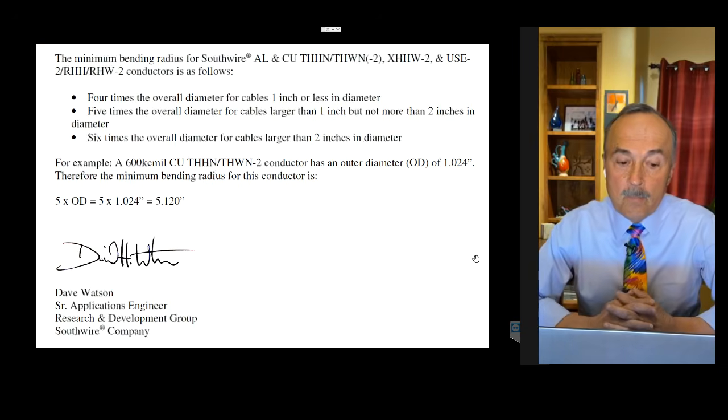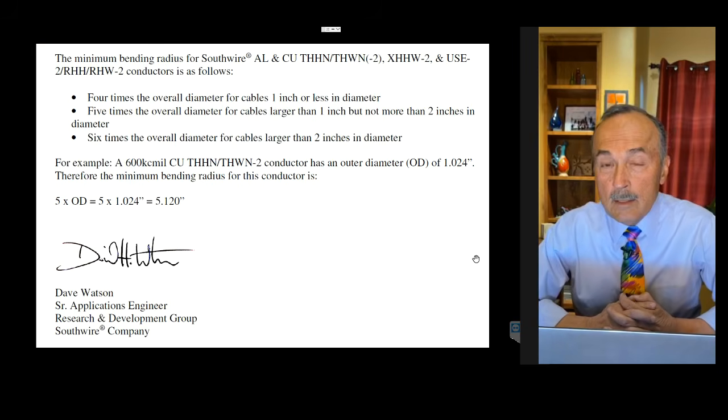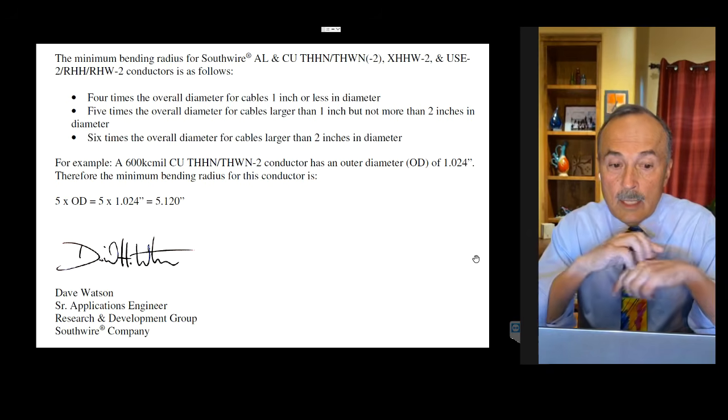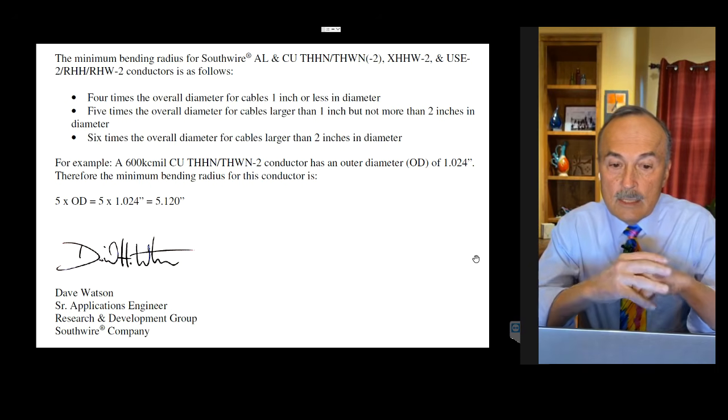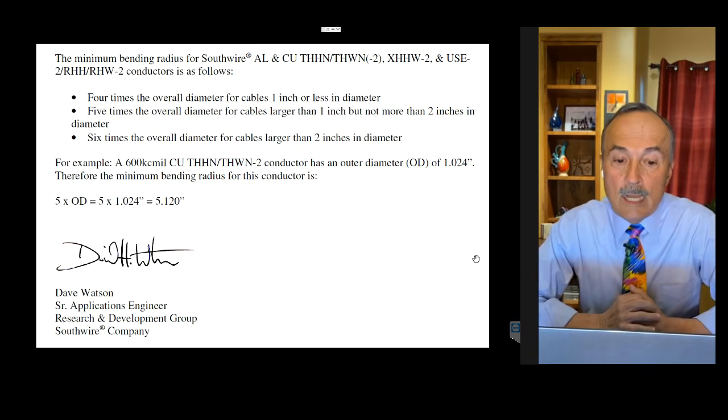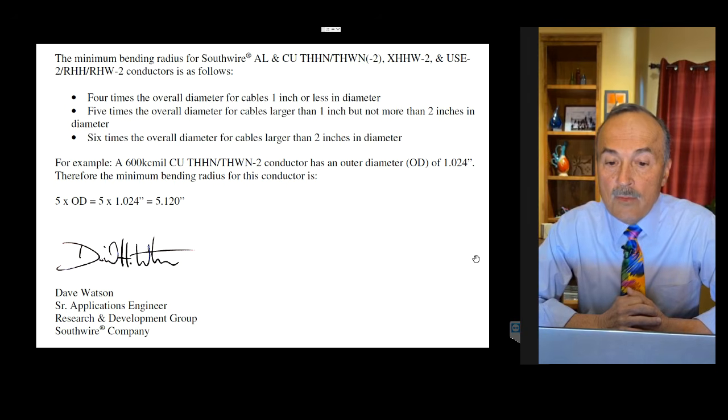So now, here's a letter from Southwire that was involved in this whole story. Here's what it says. The minimum bending radius for Southwire, and it gives you the wire size, is as follows. 4 times the overall diameter of the cable for 1 inch or less, 5 times the overall diameter for cables larger than 1 inch but not more than 2 inches, 6 times the diameter for conductors larger than 2 inches, which is a pretty big conductor.